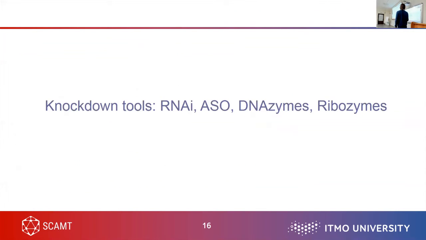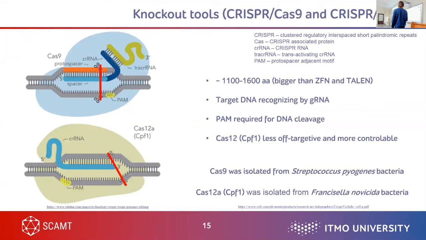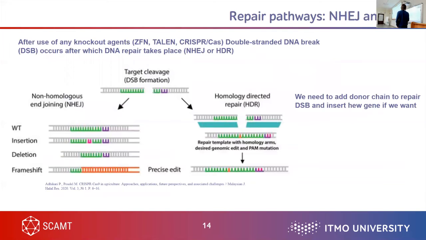But with sticky ends, there is a higher probability of the other scenarios. So we will get these three scenarios: frameshift, deletion, or insertions of DNA, and the gene will be disrupted.